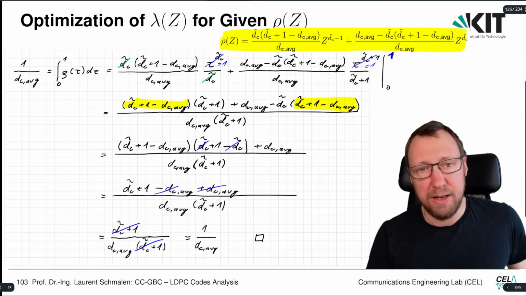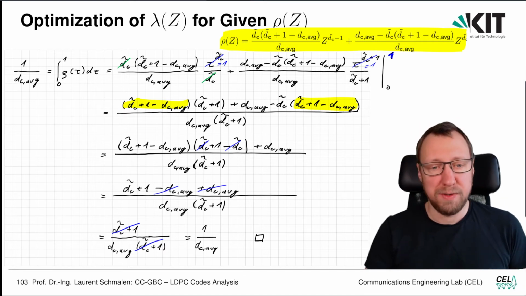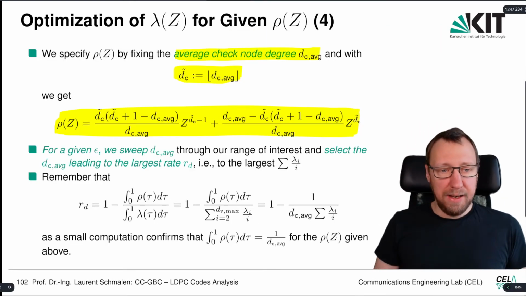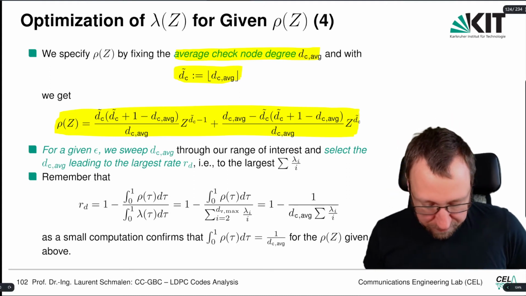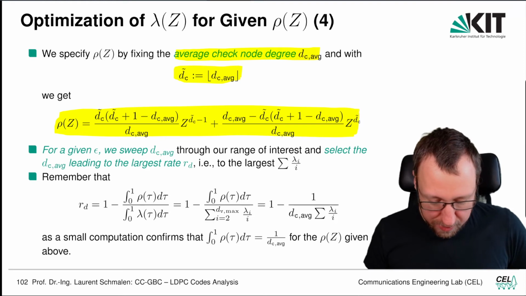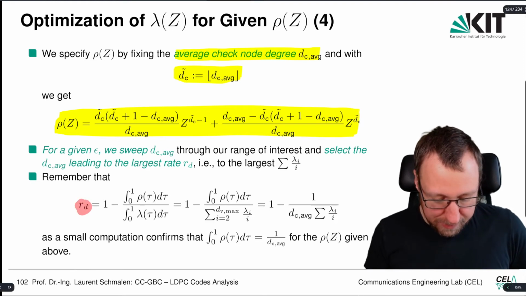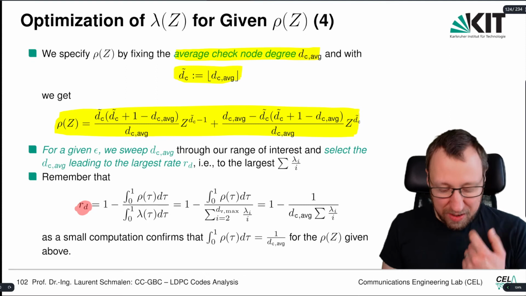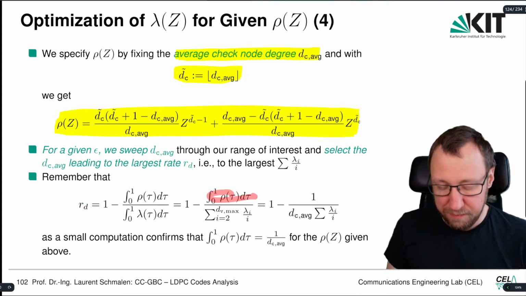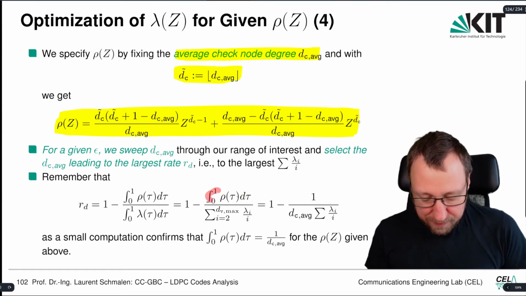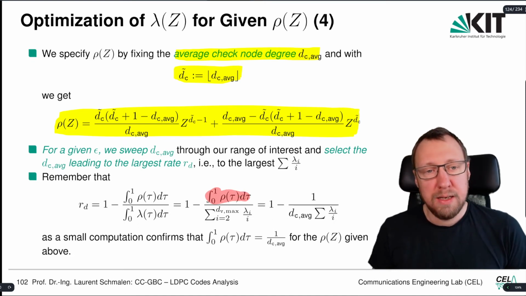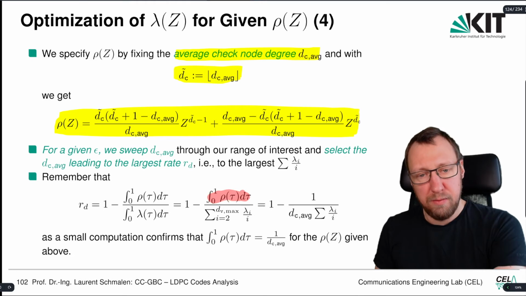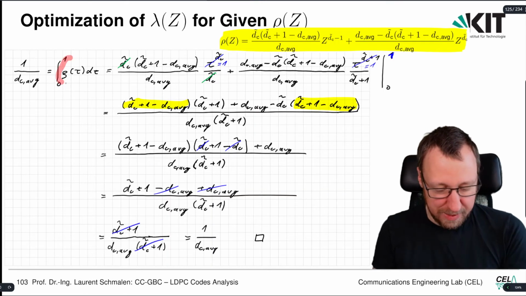So we have this slightly complicated looking rho of z. And now we can use that one. So if we look at the design rate, we don't need to calculate this integral. This integral, the integral from 0 to 1 of rho of tau d tau, recall what we just derived, it's exactly this guy.